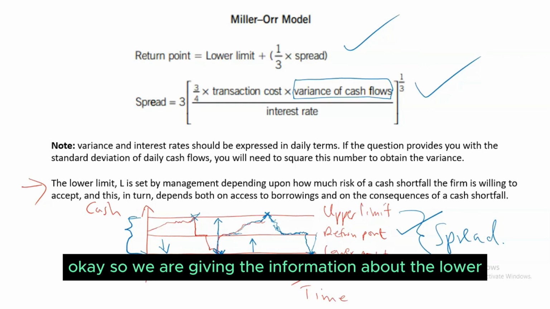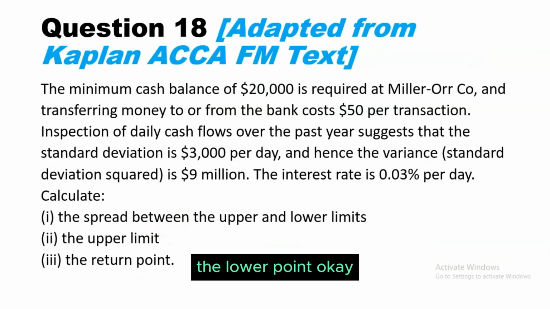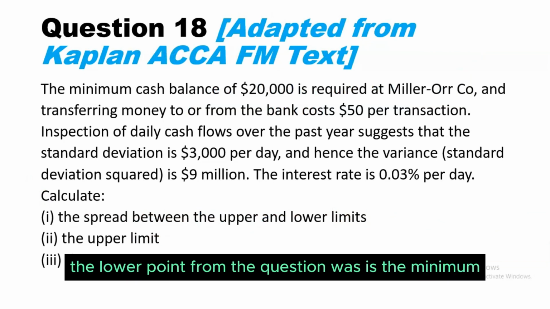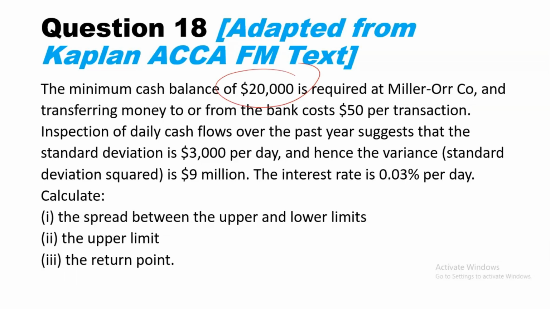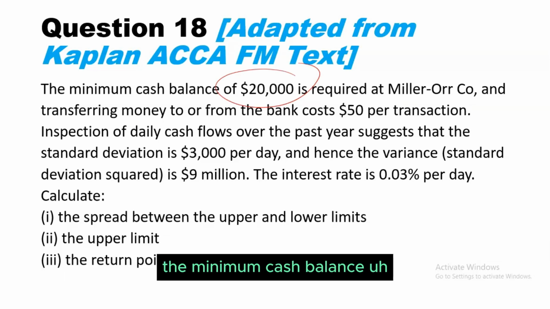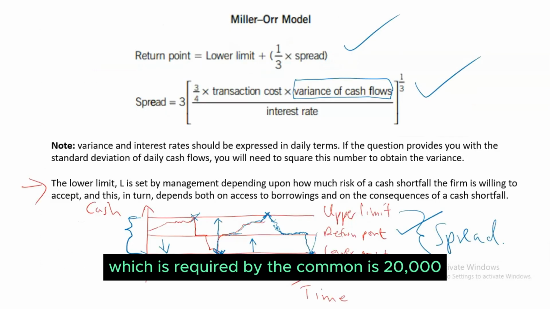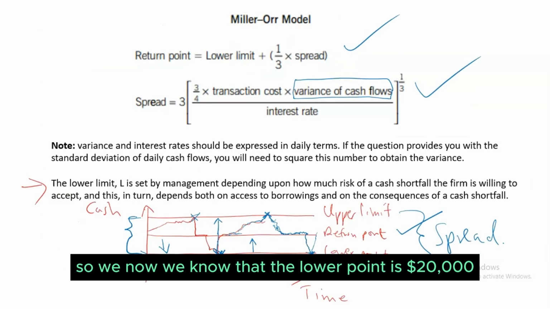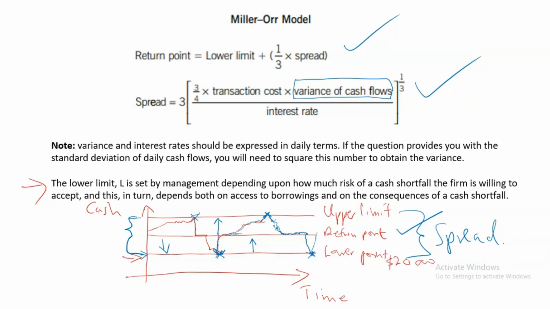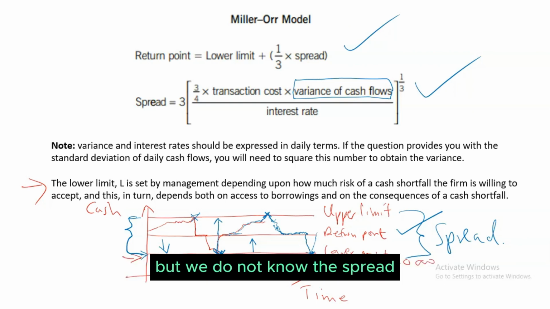We are given the information about the lower point. The lower point from the question is the minimum cash balance, which is required by the company, is 20,000. So we know that the lower point is $20,000, but we do not know the spread.